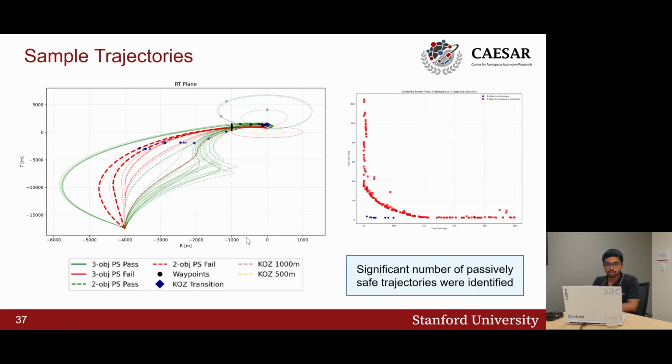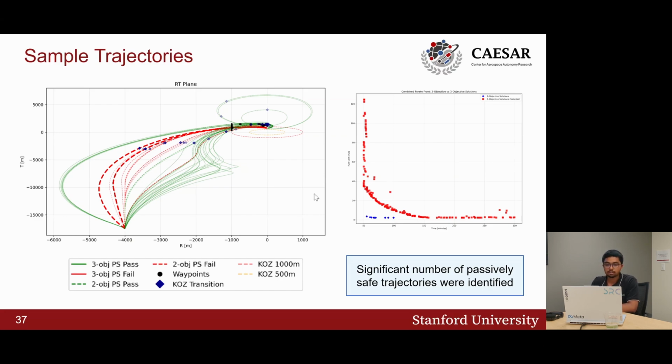But even after all of that, even though we obtained a lot of passively safe trajectories, some of them may not be the most optimal. As you can see here, there are some loops, and I think this may be because of a very bad waypoint heuristic which was used in the initial population.